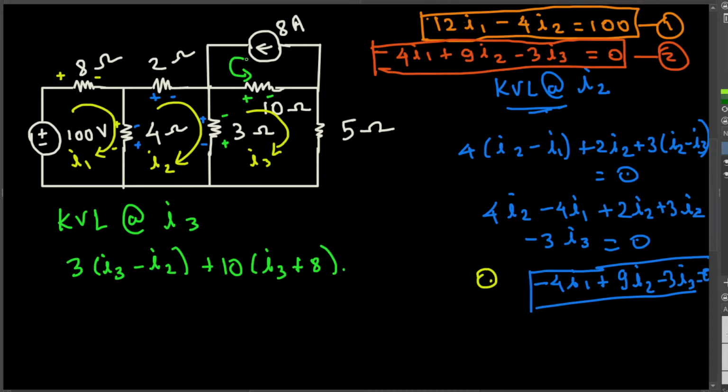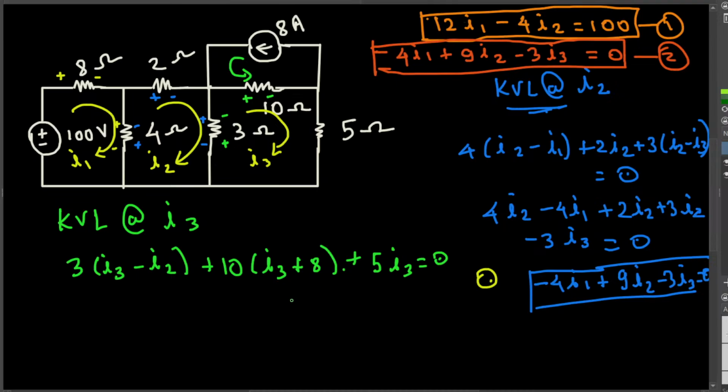You see this is a plus 8 because this is counterclockwise and this one is clockwise, so they both travel in the same direction. That's why we have plus 8. And then the next one is I3 going through this 5 ohm resistor. So this is going to be 5 I3. That's equal to 0.